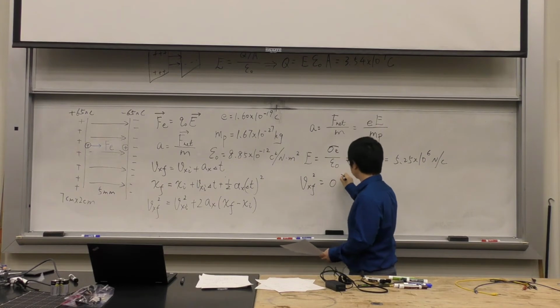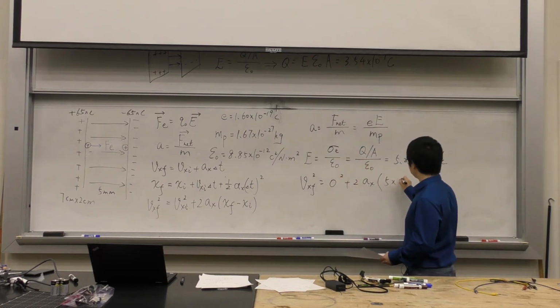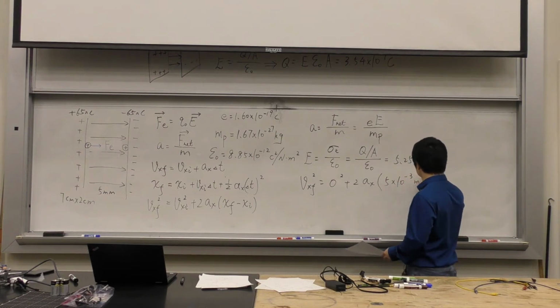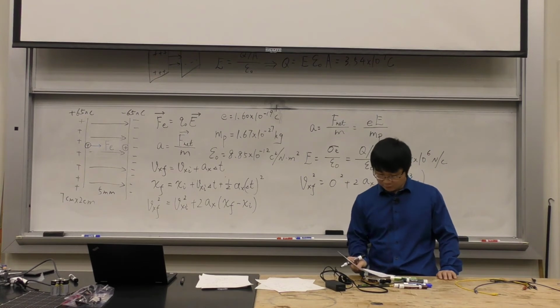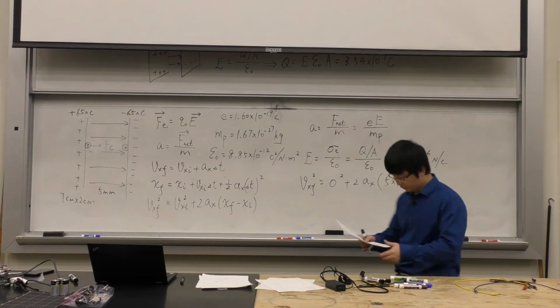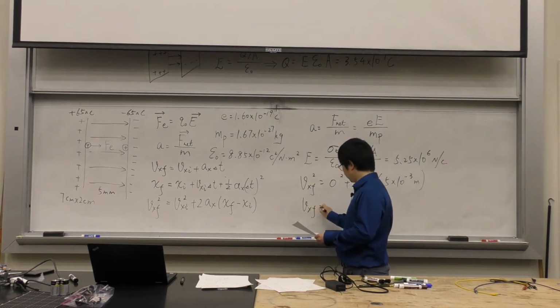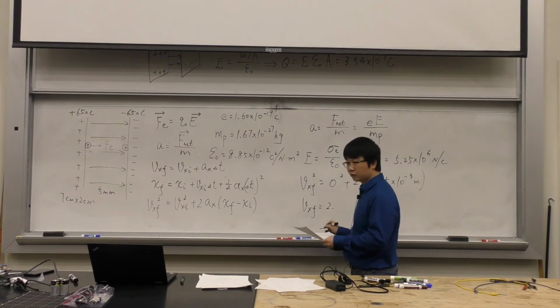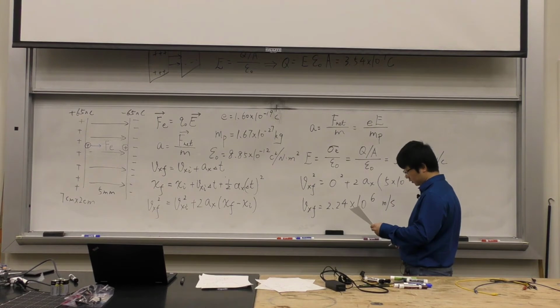Equals 0 squared plus 2 times the acceleration times 5 times 10 to the negative third meter. All right, so at the end, what I got is 2.24 times 10 to the 6th meters per second squared.